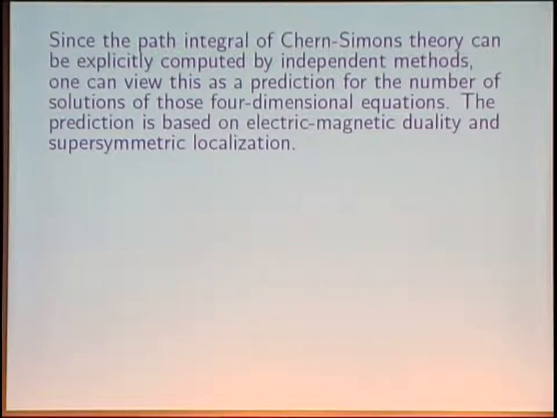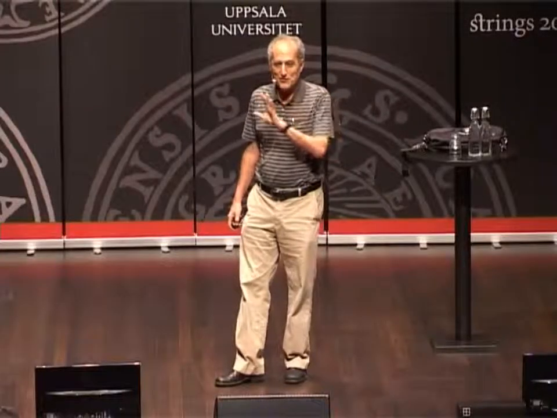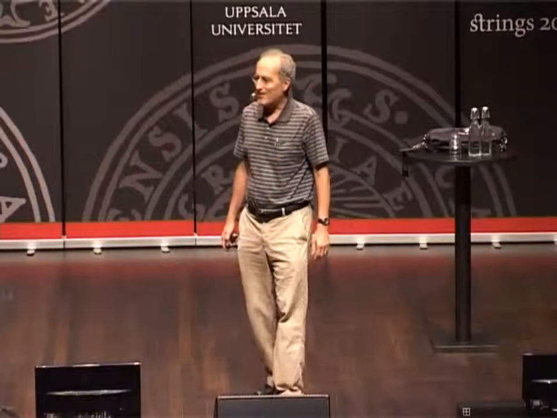So apart from the exact solution of Chern-Simons theory, the prediction uses electric-magnetic duality and supersymmetric localization. So in a very recent paper, Davide Gaiotto and I verified this prediction by directly analyzing the equations and counting their solutions. A few people here have asked me what on earth we did in that long paper, and this is the one-sentence answer. We tested this prediction of electric-magnetic duality.